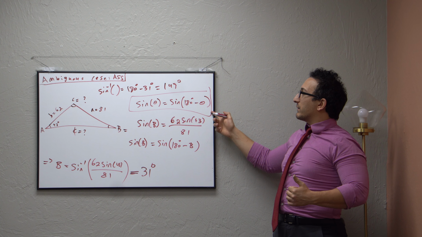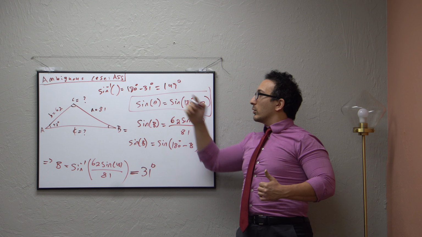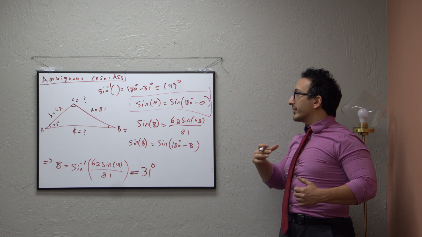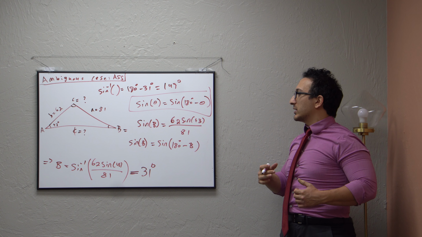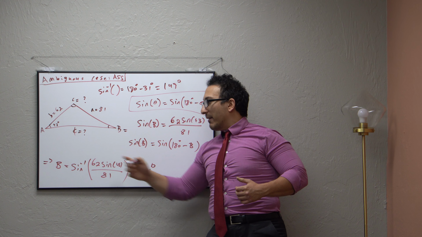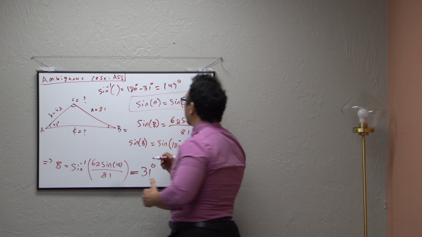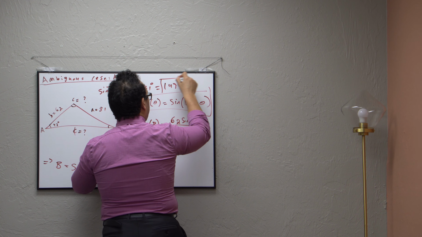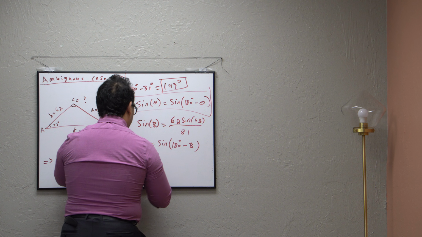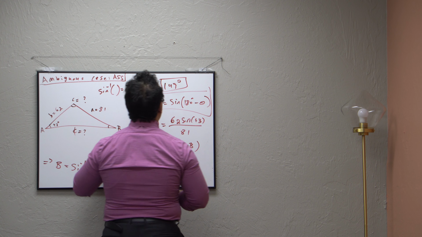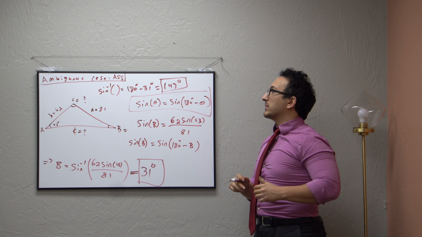So because of that fact, when we do it right here, we can also generate another angle whose sine inverse is the same thing numerically for b. And so we must look at which of these angles makes logical sense. Does 31 degrees make sense, or does 149 degrees make sense?